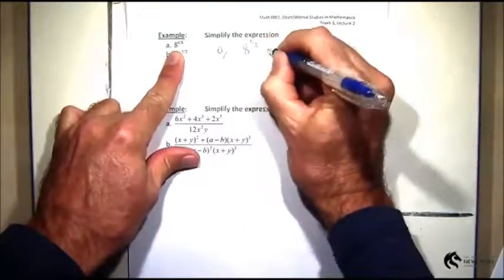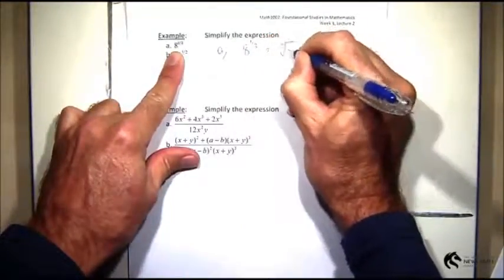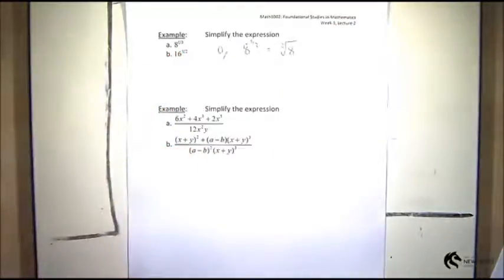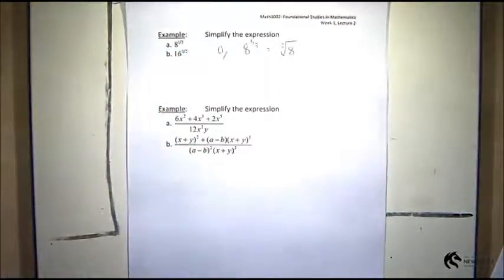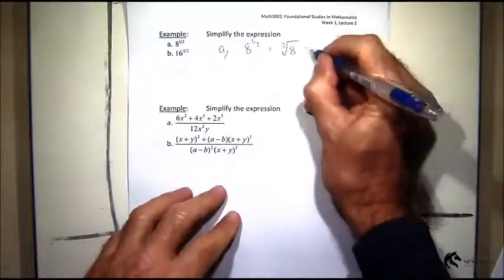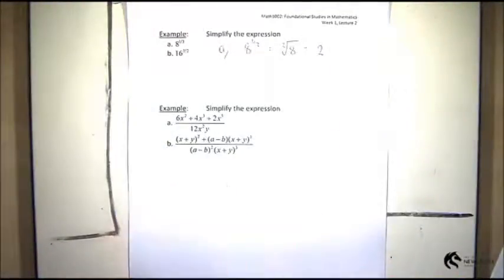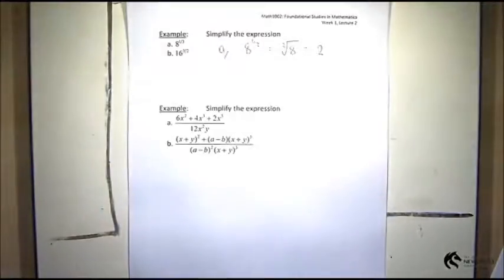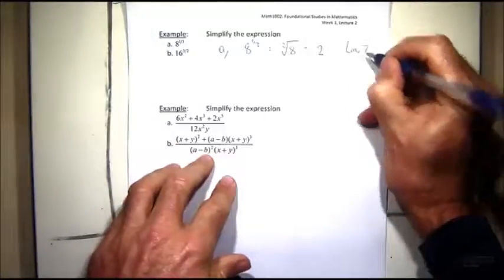We interpret that as the cube root of 8. So what number, when you multiply it by itself 3 times, gives you 8? That turns out to be 2, because 2 times 2 times 2 is 8. So that's law 7 in action there.